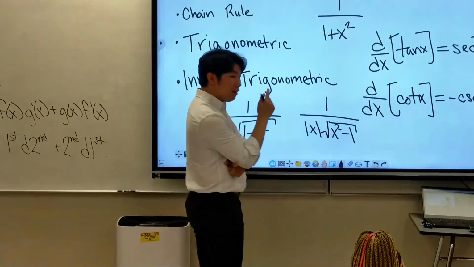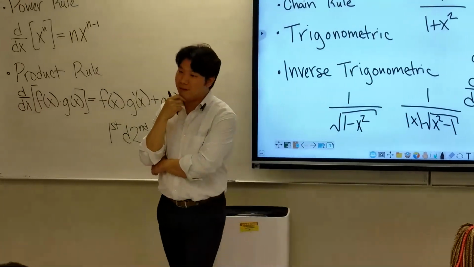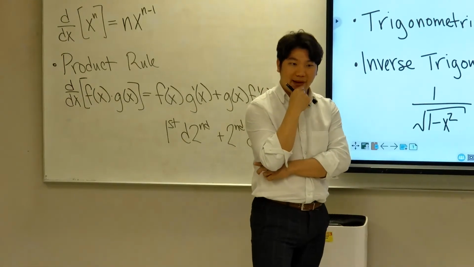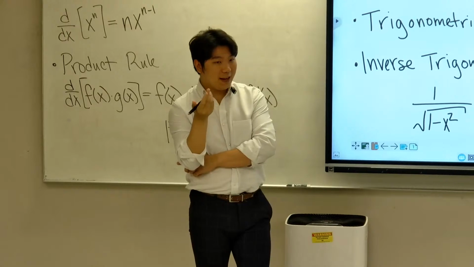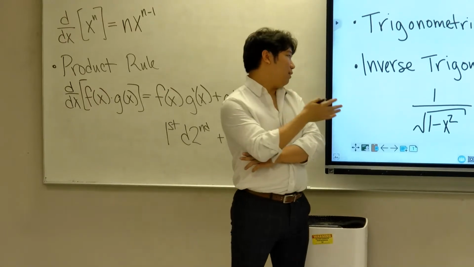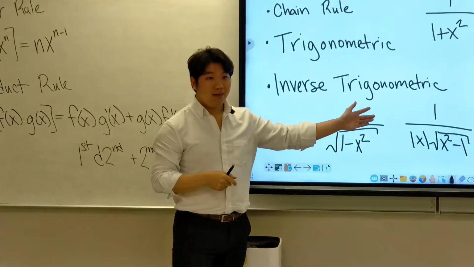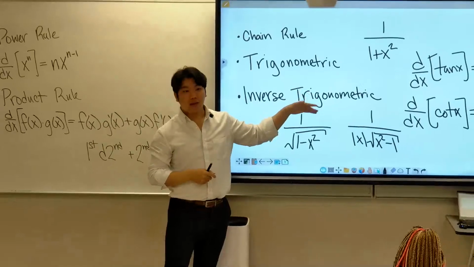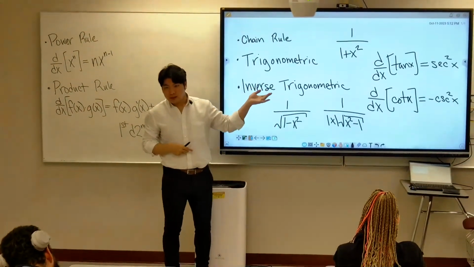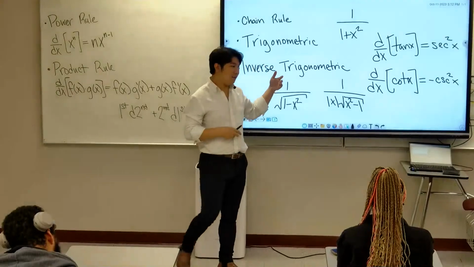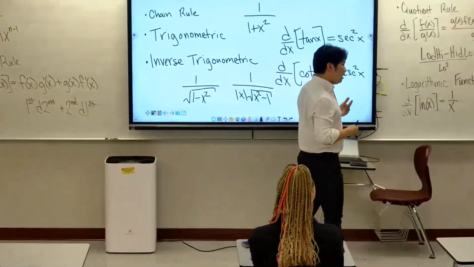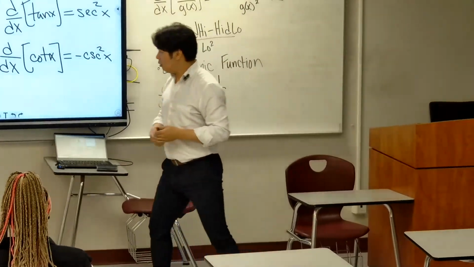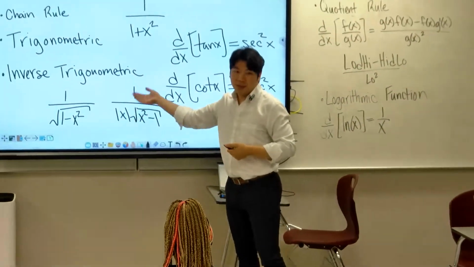We have 1 over the absolute value of x times the square root of x squared minus 1. One thing we always need to be careful about is that this was for arcsine, and this was for arcsecant. We have to make sure, is it 1 minus x squared or x squared minus 1? Because those are different values. They're the negative versions of each other. And I'm not going to bother with arc cosecant, because it'll be this, but with a negative 1 on top.